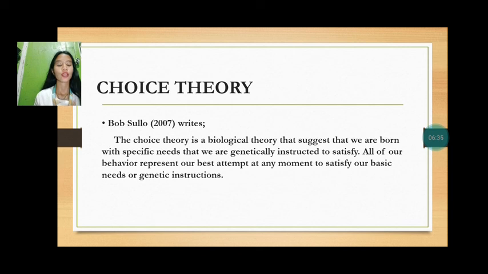Choice theory will help us understand and manage our own behavior. The psychologist William Glasser says that there is a difference between external and internal control. External is behavior based on how other people behave, while internal is behavior based on the inside of ourselves.